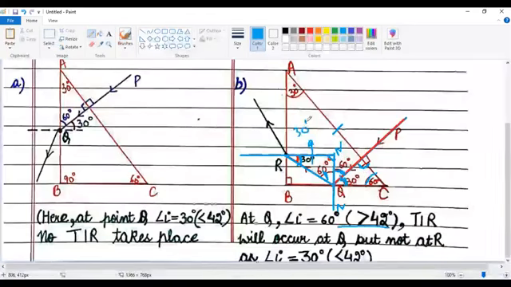So at point R, angle of incidence is 30 degree, which is less than critical angle, which means that the light will not return back in the same medium. Rather, at point R, the light will refract and bend away from the normal.